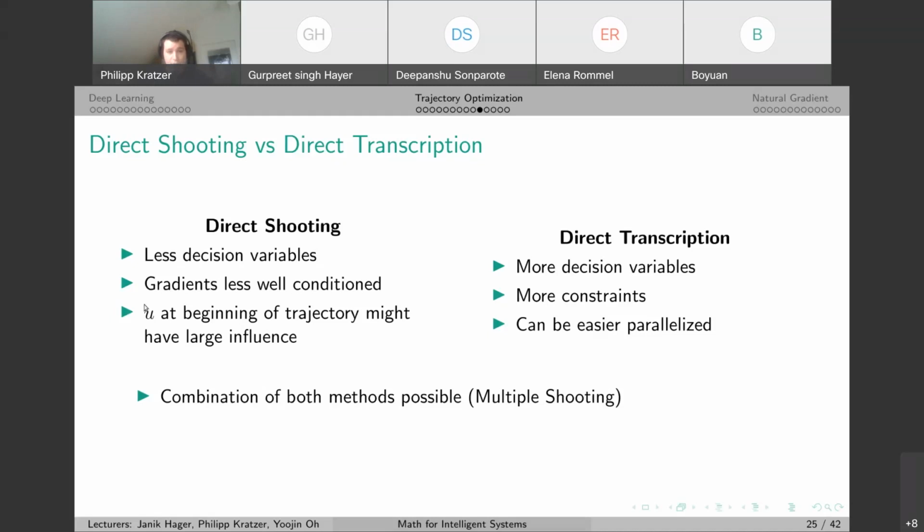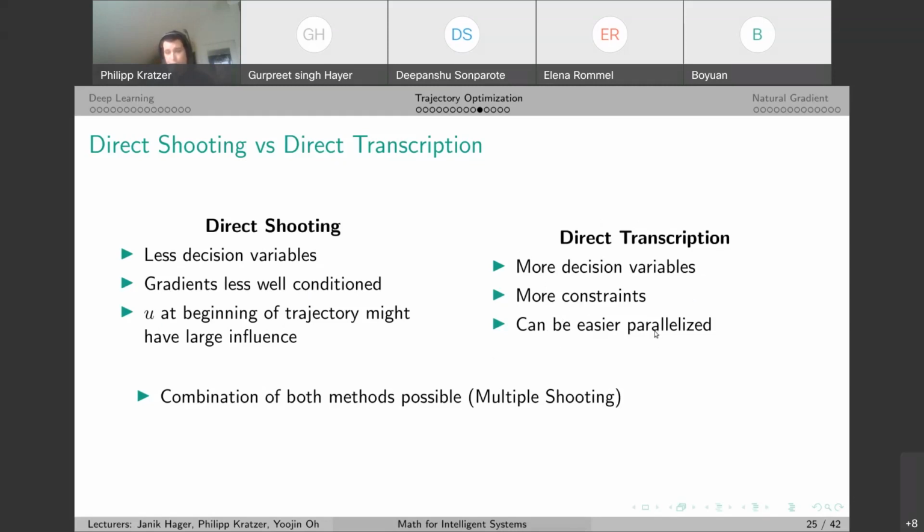Also, the u in the beginning influences the whole trajectory, which might not be desired. Direct transcription, on the other hand, does not have those problems, but instead it has more decision variables and more constraints, which makes it harder to optimize in the end.